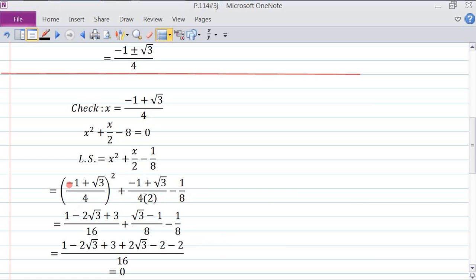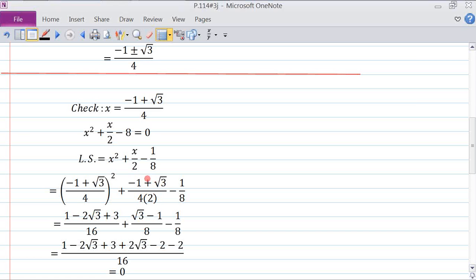So when we do this term, the first times the first gives us this, the last times the last gives us this, and the combination of the inner term will be minus root 3, and the outer term will be minus root 3. So we sum those, we get minus 2 root 3.